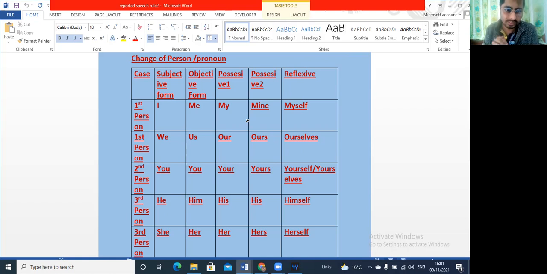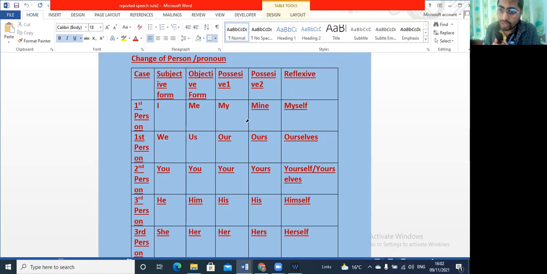Let us start with the subjective form I, and the objective form of I is me. Possessive one, the subjective case in possessive, is my. What is the objective form, possessive two? Mine. What is the reflexive form of I? Myself.